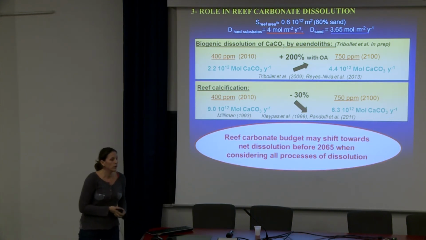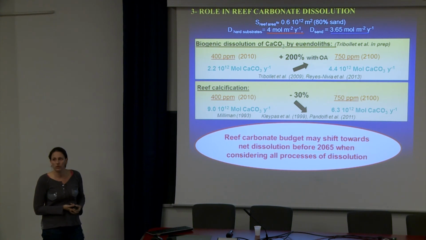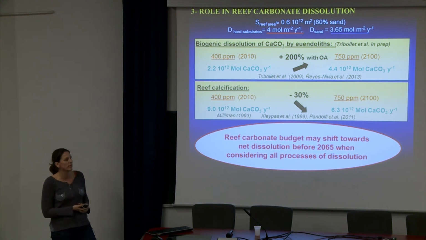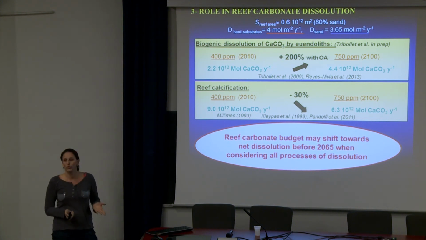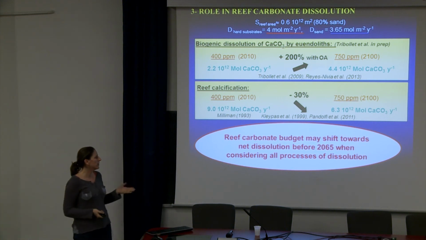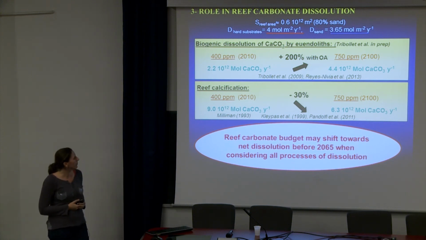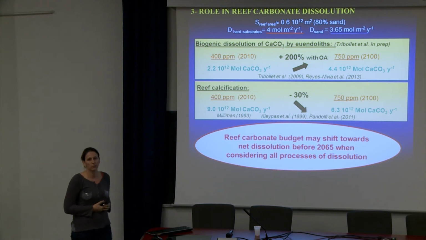Now, if we consider boring sponges, which are also dissolving calcium carbonate in coral reefs, the bacterial activity in sand, and chemical dissolution of, for instance, high magnesium calcite in reefs, then based on a recent model, we estimate that coral reefs will shift to a net dissolution budget before 2065. So it's really a relevant process.